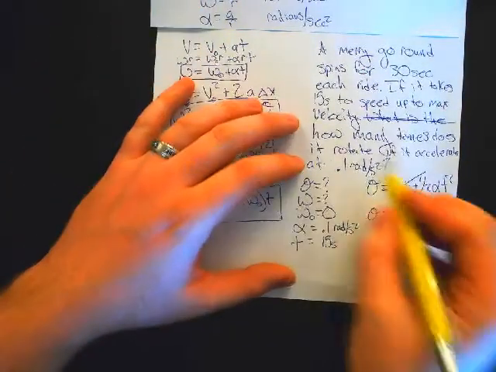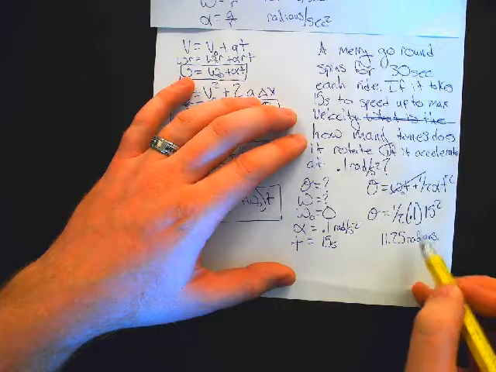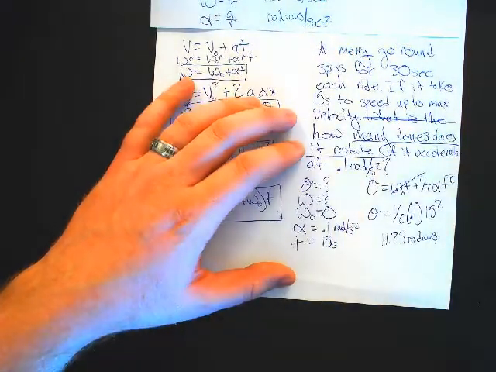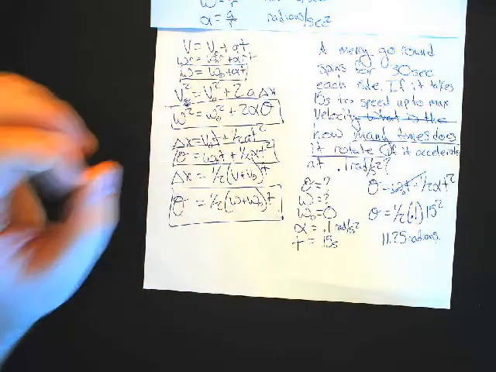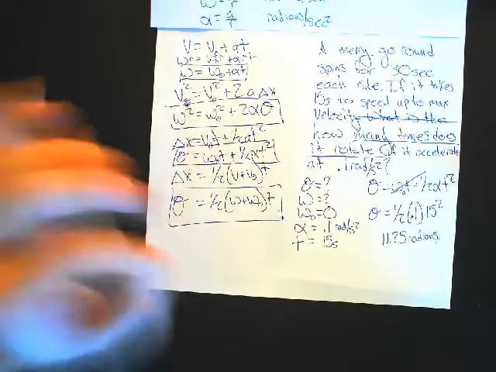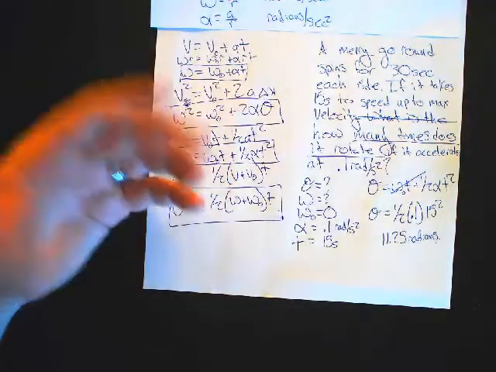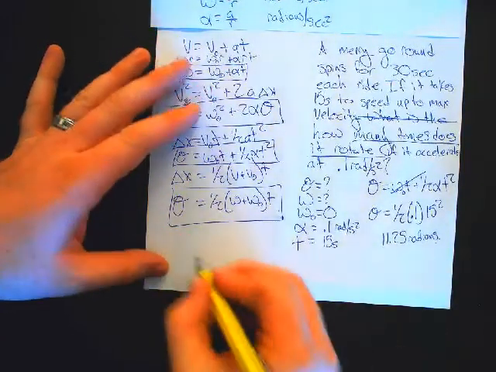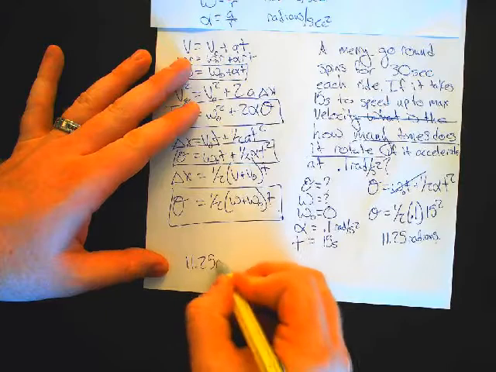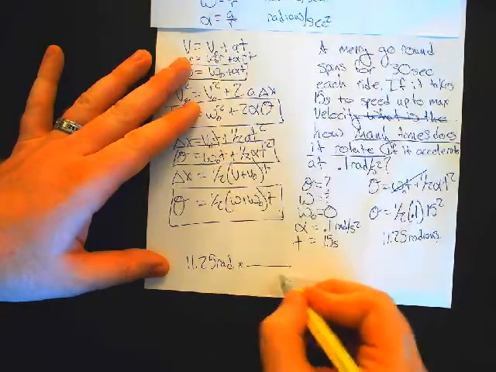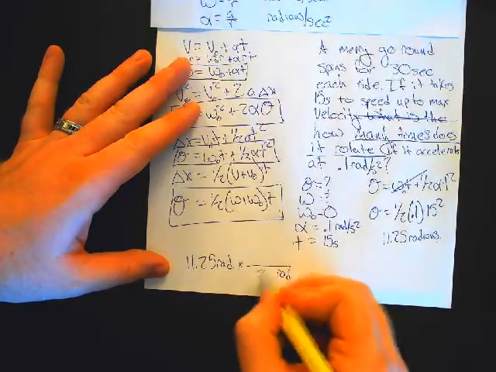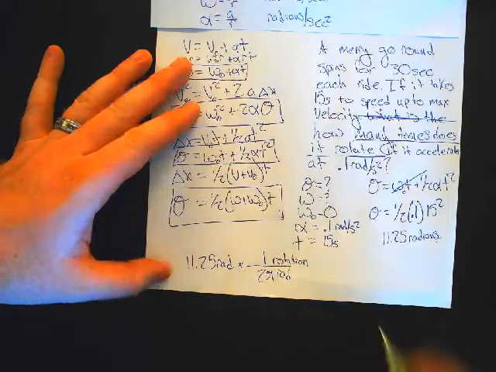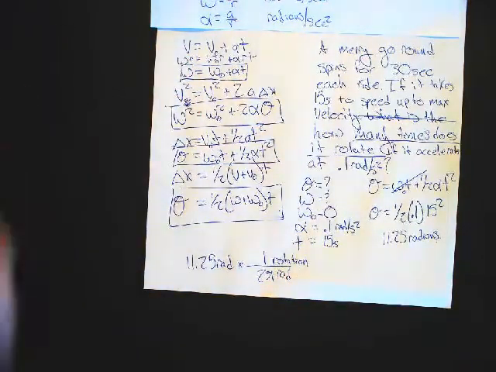Sure. This is in radians, and the question is, how many times does it rotate? So one rotation is 2 pi radians, right? So if I've got that it goes 11.25 radians, I'm going to convert that to rotations, 2 pi radians to 1 rotation, and I know how many times it rotates during that period of time.